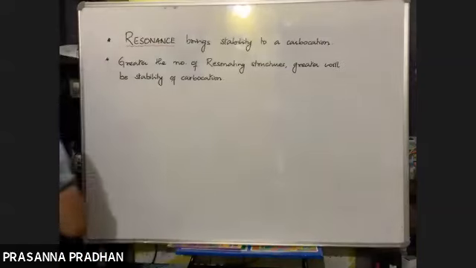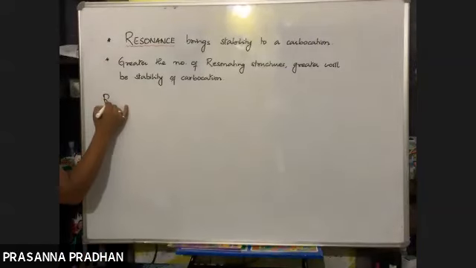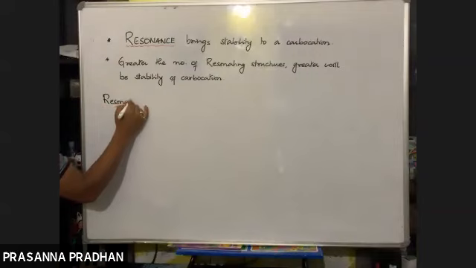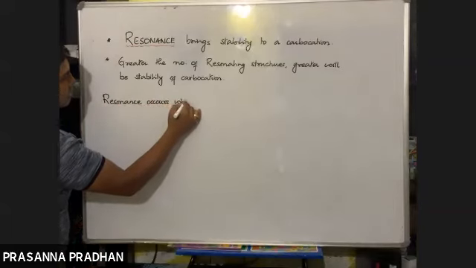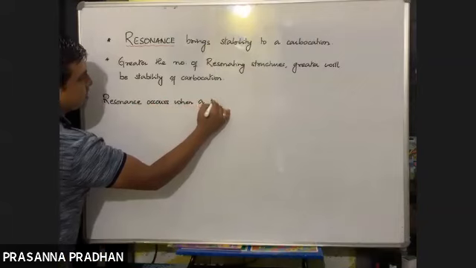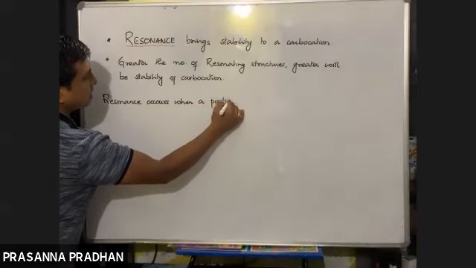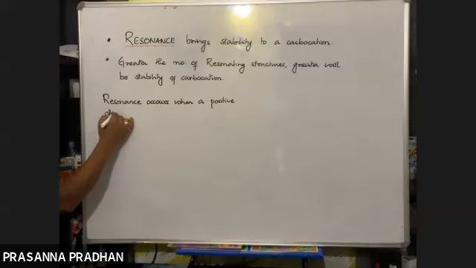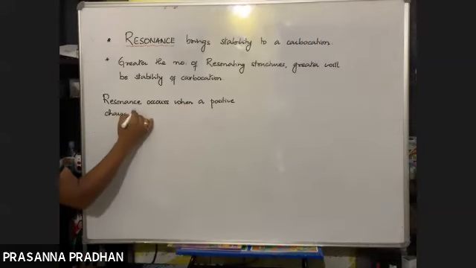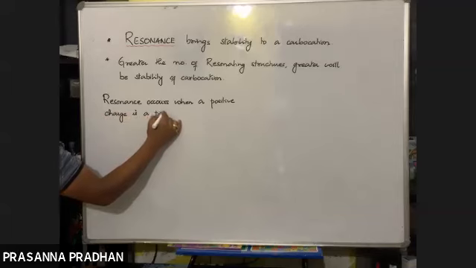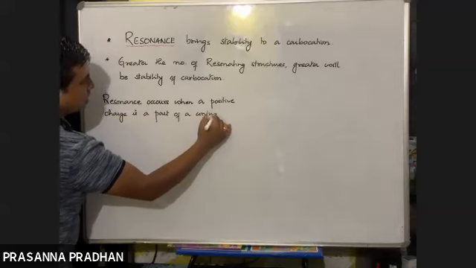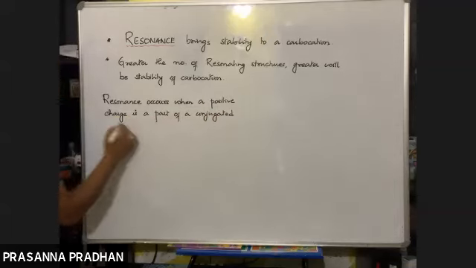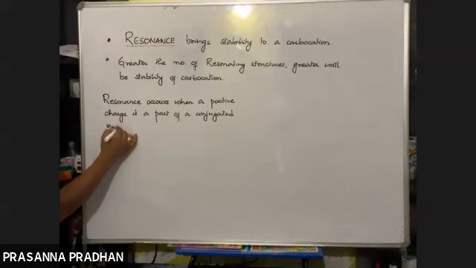For a carbocation, how will you come to know whether resonance occurs or not? Just remember, resonance occurs when a positive charge is a part of a conjugated system.